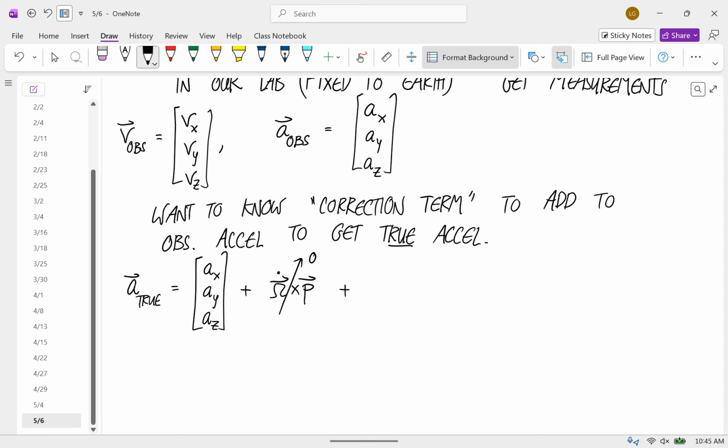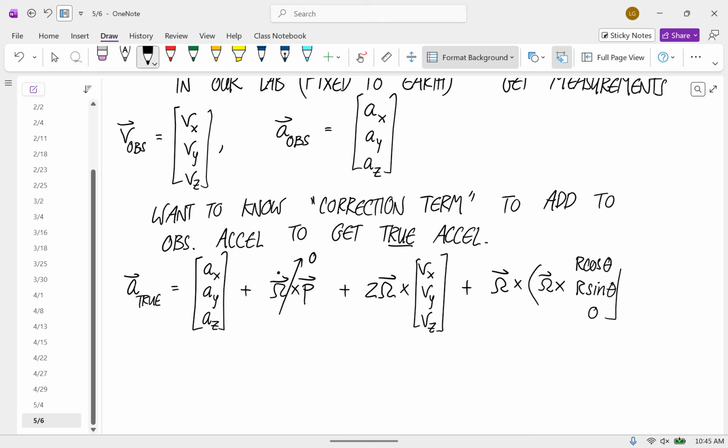And then we have our Coriolis acceleration, 2 times the angular velocity crossed with the observed velocity, which is Vx, Vy, Vz, plus capital Omega cross quantity, capital Omega crossed with the position vector, which was r cosine theta, r sine theta, and 0.